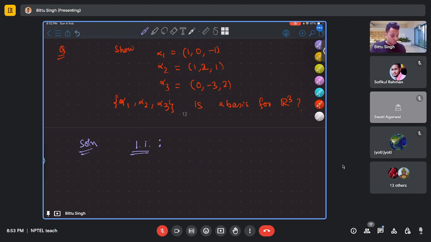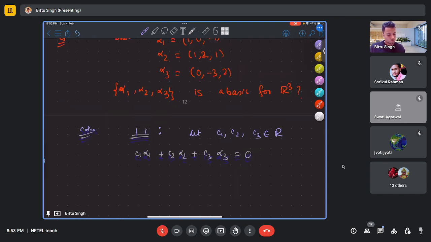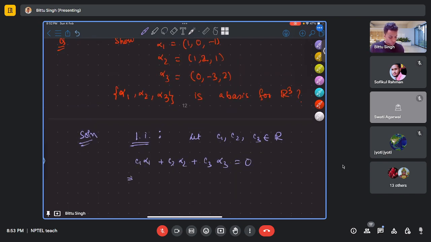Let C1, C2, C3 be three scalars from R. Now C1 alpha 1 plus C2 alpha 2 plus C3 alpha 3 equals 0. This implies C1 times (1, 0, -1) plus C2 times (1, 2, 1) plus C3 times (0, -3, 2) is the zero vector.